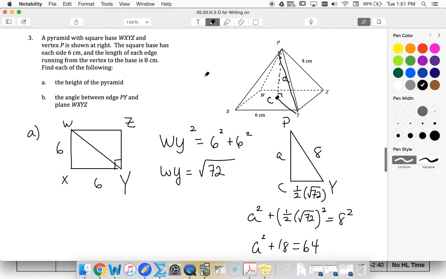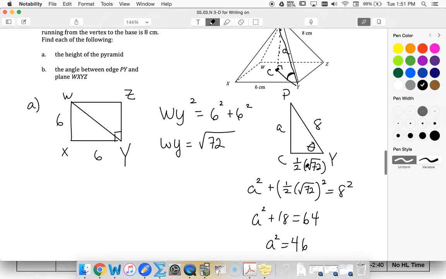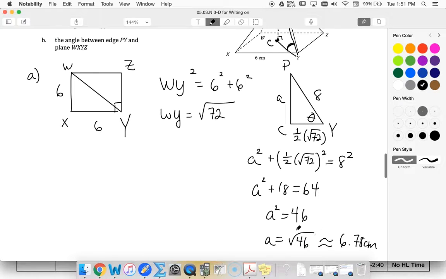The angle between PY and the plane, the square. So now I'm looking for this angle here. So there's my angle theta. So now I'm going to use, I like A being the square root of 46. So I'm going to use opposite over hypotenuse. So sine of theta is square root of 46 divided by 8.